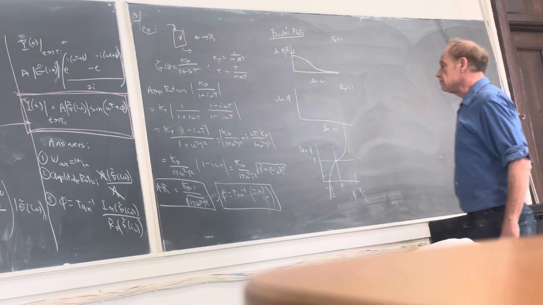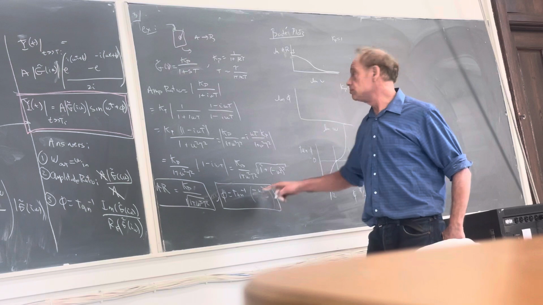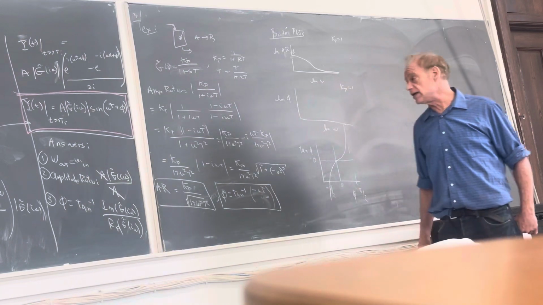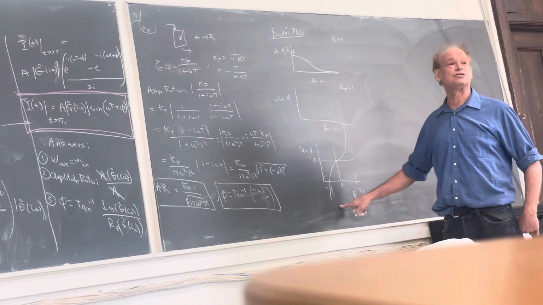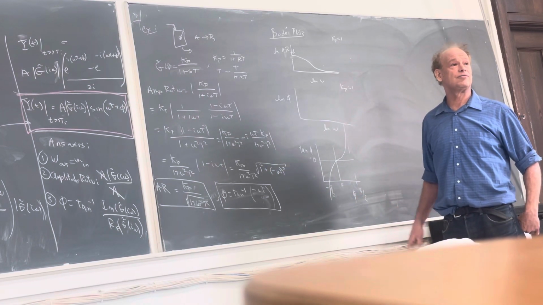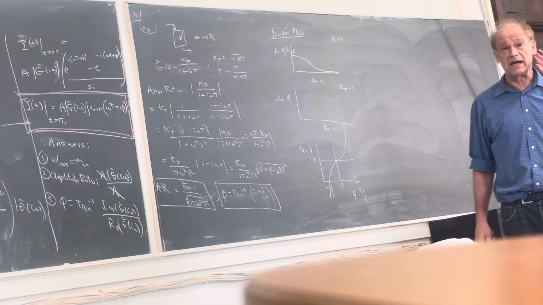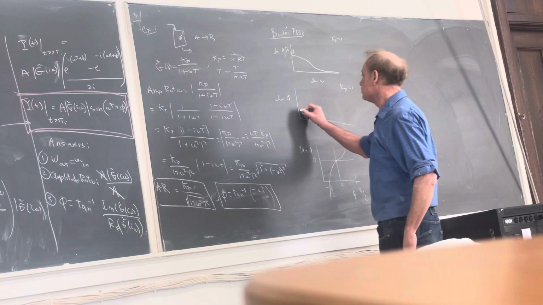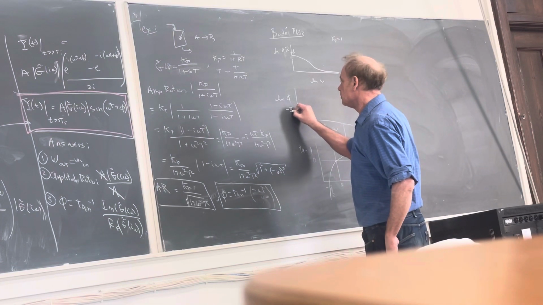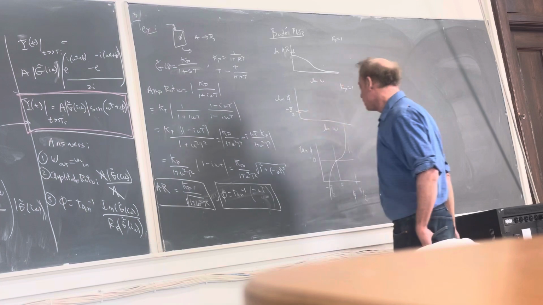Okay, so now let's look. When omega is 0, that is the left thing, this is the arctangent of minus infinity. What's the arctangent of minus infinity in this figure? Minus pi over 2. So I'm going to asymptote to here.